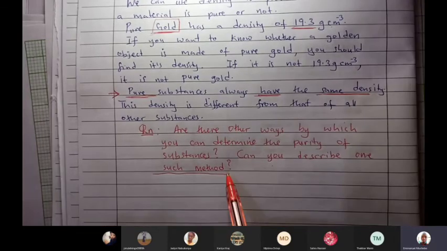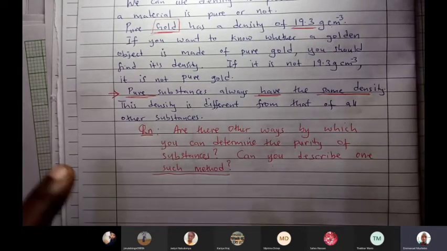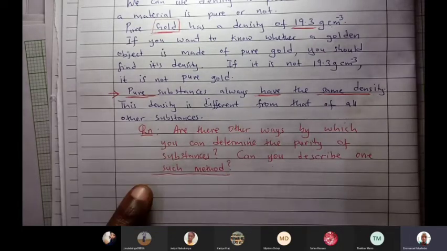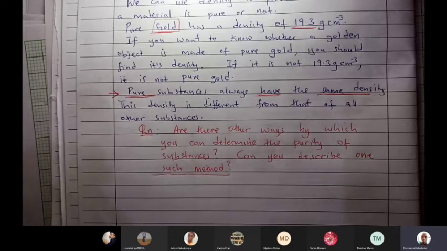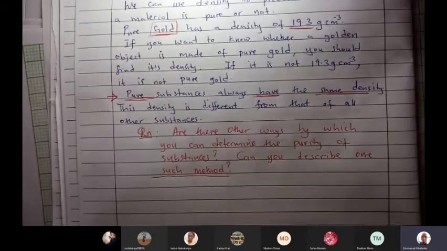But the moment you pour some little paraffin in that water, it will boil even at a much higher temperature than 100. So when you are boiling your water and it is boiling at like 105 degrees, then know that water is impure. So that is another method there.